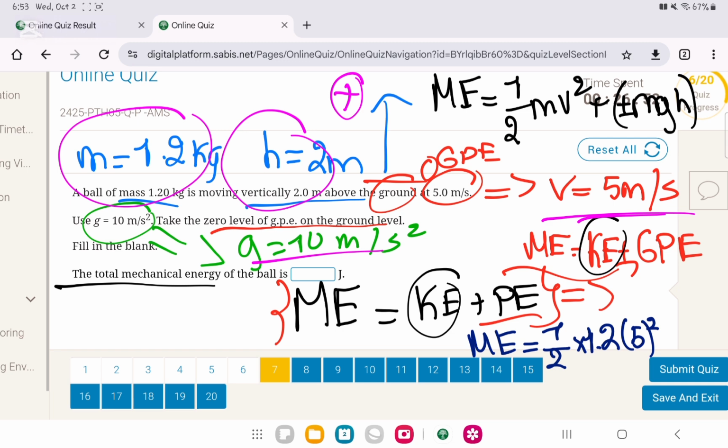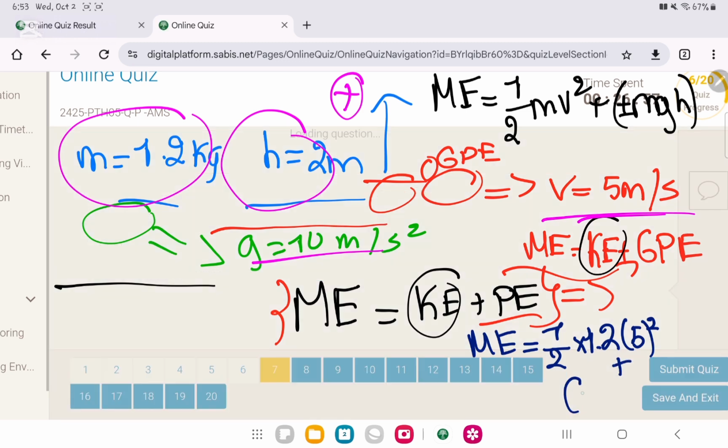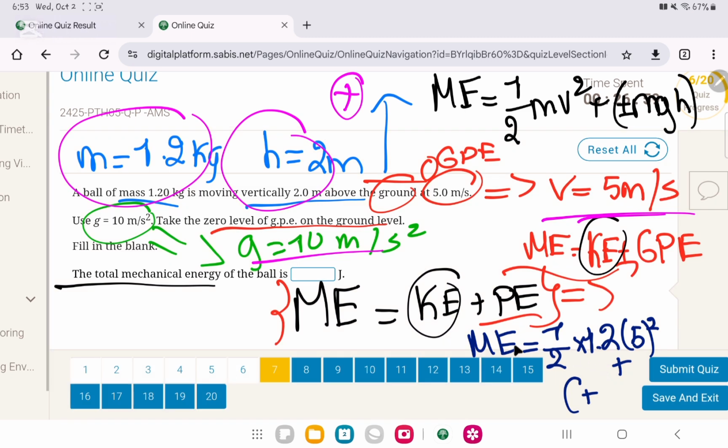Now, since it's going up, it's gonna be positive mgh, so plus positive the mass, which is 1.2, our g, which is 10, and our height, which is 2.